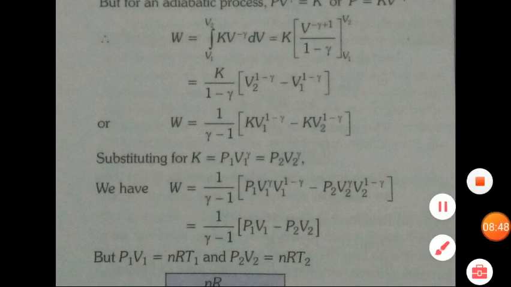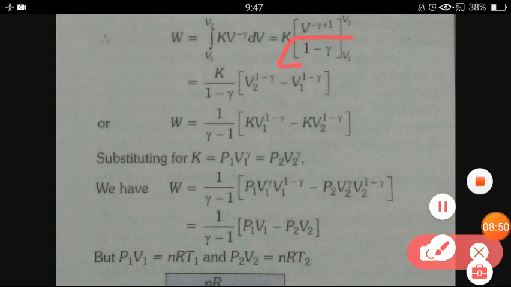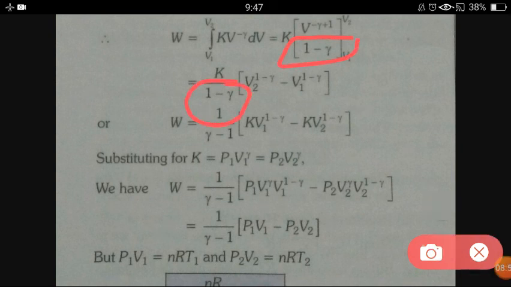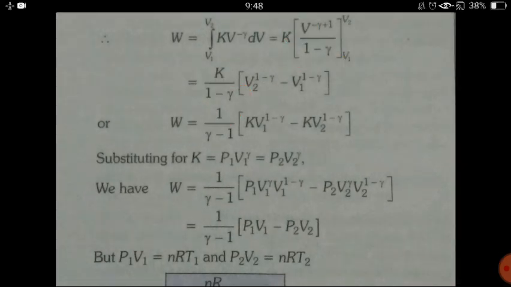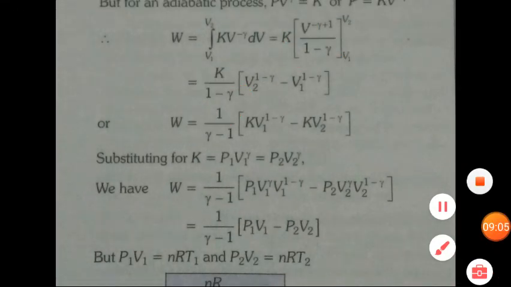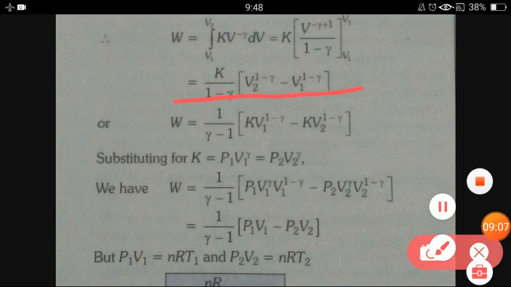For that, the denominator 1 minus gamma we will take out as common. Then in place of V, first we put V2, minus, again in place of V we put V1. Upper limit minus lower limit, so we will have this formula.